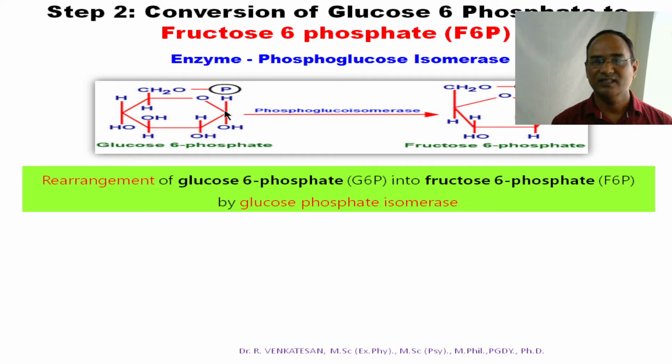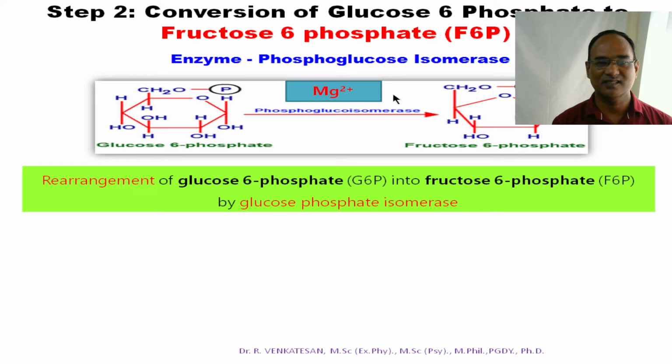This is C1, this is C2, and there is a change in these two areas. Here this is glucose 6-phosphate, and here the C1 C2 has changed its position, making it fructose 6-phosphate by the phosphoglucose isomerase enzyme.